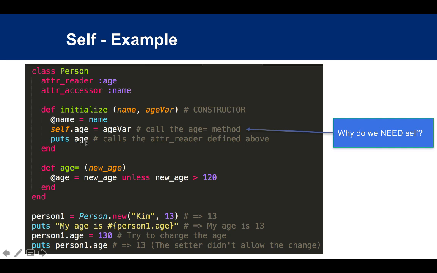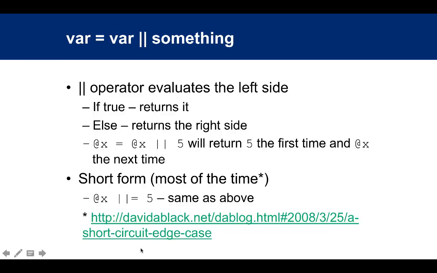So it's just going to return the value of calling the person instance dot age getter method. To see that in practice, we have Person.new, we have this constructor, which eventually calls the initialize, and then person.age will give you the actual age of a person, which is 13. Now, if you try to set the age to be 130, which is too high, it won't let you, and it will still be 13.